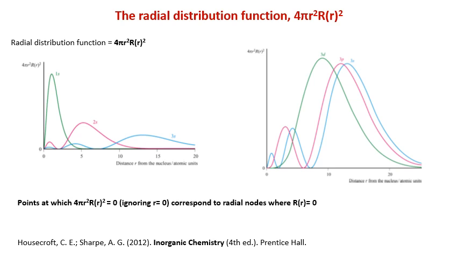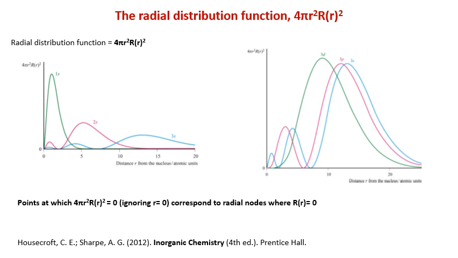Now coming to the radial distribution function. Let us now consider how we might represent atomic orbitals in three-dimensional space. I have already told you that a useful description of an electron in an atom is the probability of finding the electron in a given volume of space.